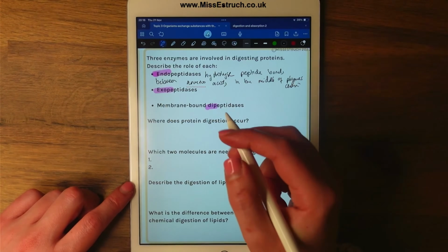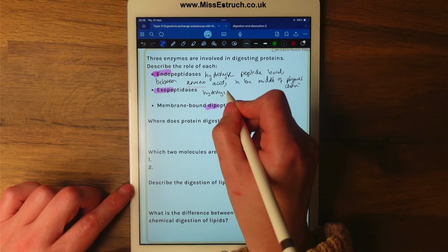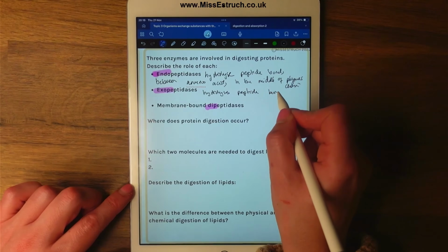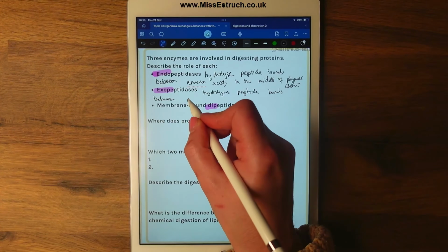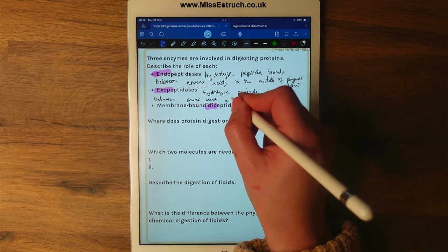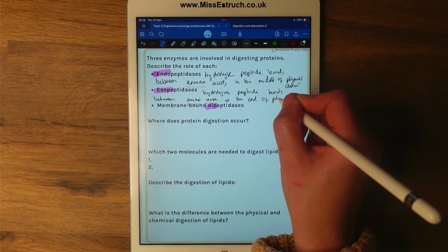Exo means outside, so that means it's going to be on the end. So again, hydrolyze peptide bonds. This time it's between amino acids at the end of polymer chain.